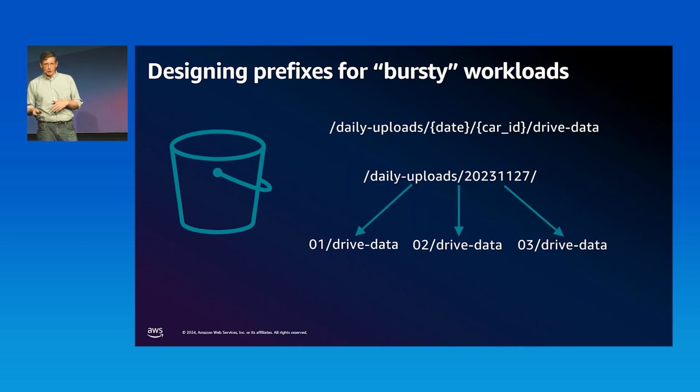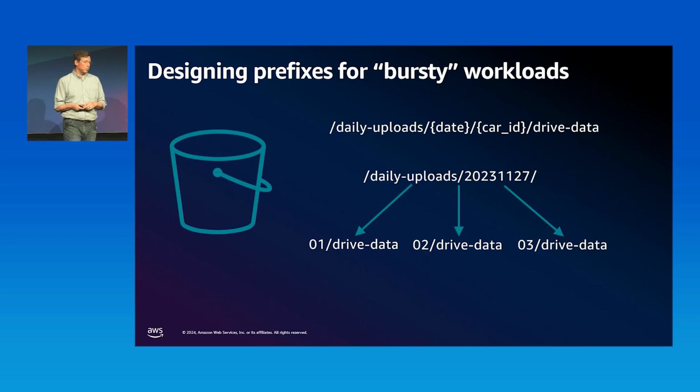Now, 6 or 6:30 in the evening rolls around, and all the cars in North America want to upload their data. And as the number of cars grows over time, we will start to see more and more TPS against this shared prefix. And in this case, that's the date.